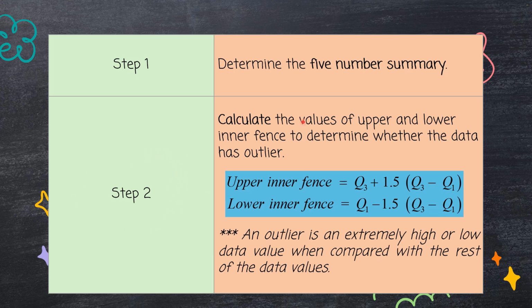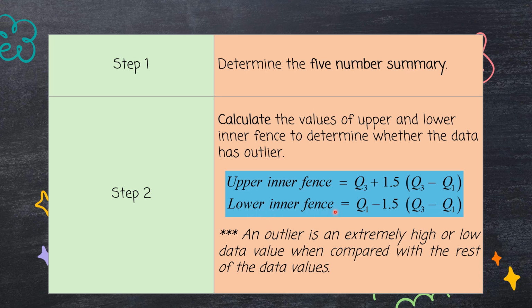Step 2, calculate the values of the upper and lower inner fence to determine whether the data has an outlier. The upper inner fence is equal to the third quartile plus 1.5 times the third quartile minus the first quartile, which is the interquartile range.